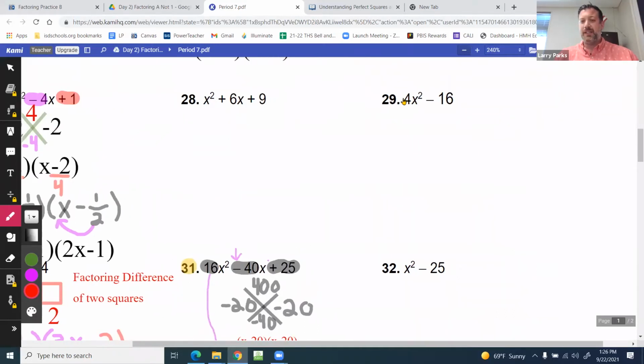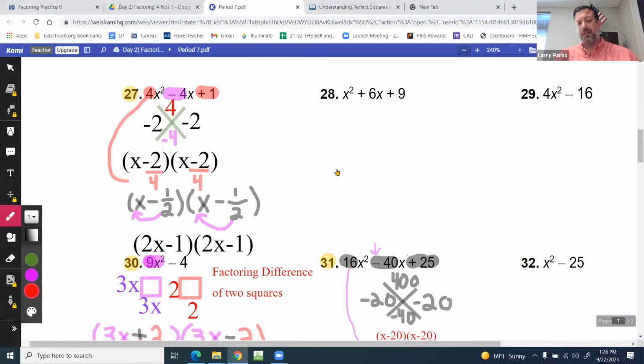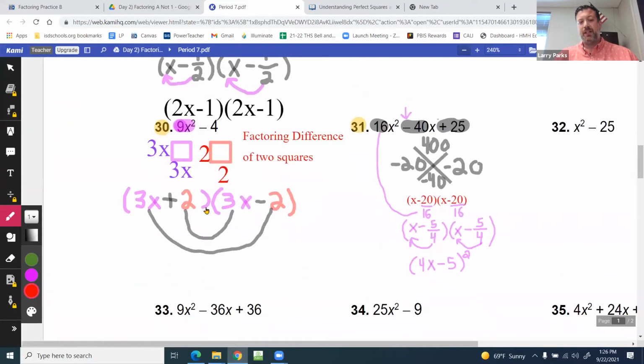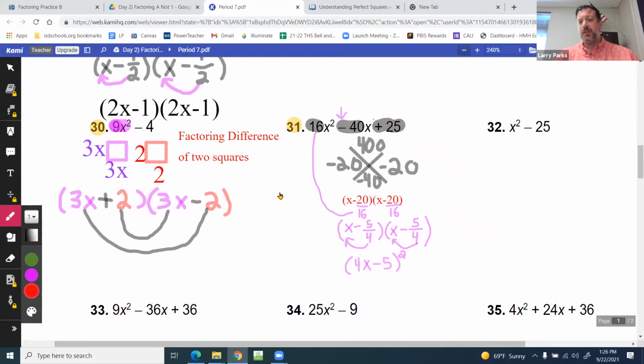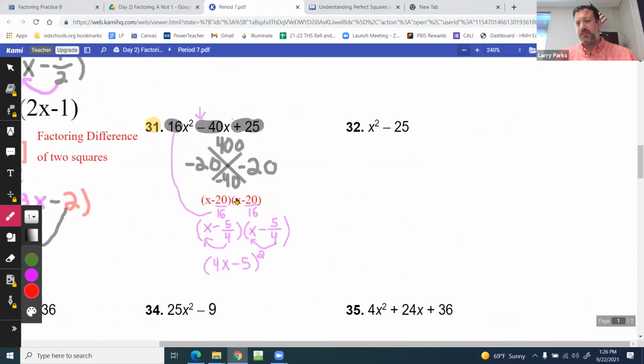And then 29 has 2 terms. With a minus, you're going to factor this difference of 2 squares. Okay, here, this was factoring by difference of 2 squares. This one will be factoring by difference of 2 squares.